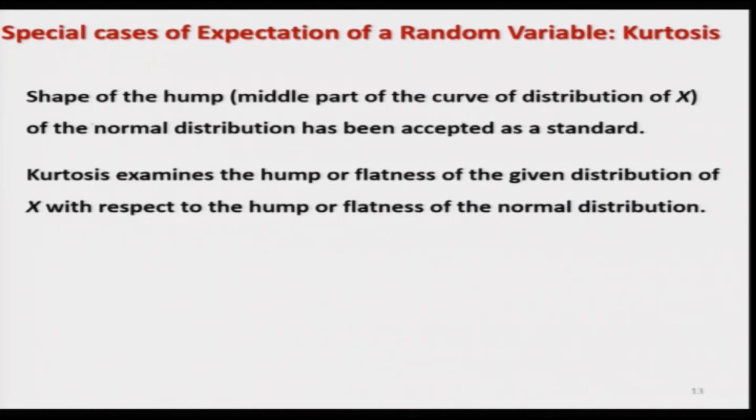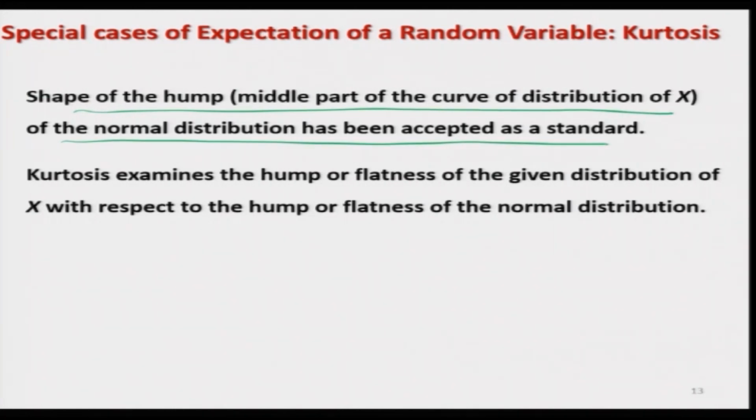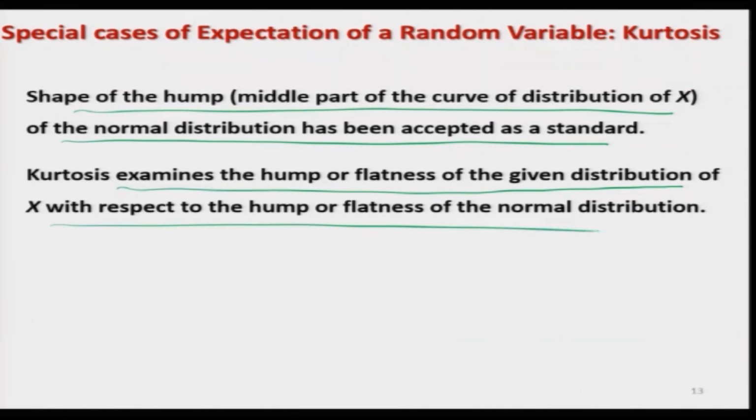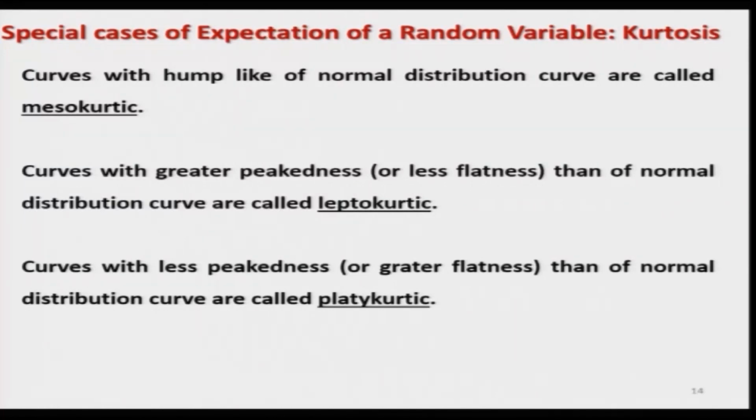Right. So, the shape of the hump or the middle part of the curve of the distribution of x of the normal distribution has been accepted as a standard one, and the kurtosis examines the hump or flatness of the given distribution of x with respect to the hump or flatness of the normal distribution. Right. So, curves with hump like that of normal distribution are called mesokurtic.